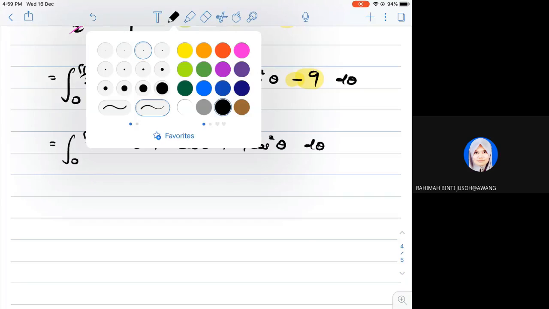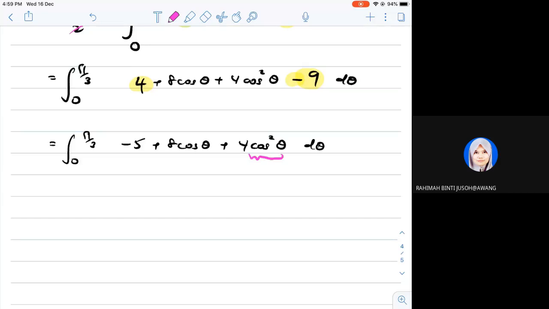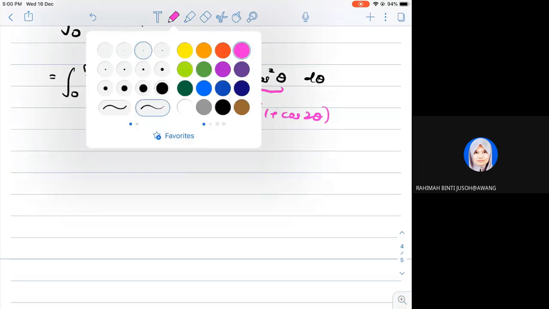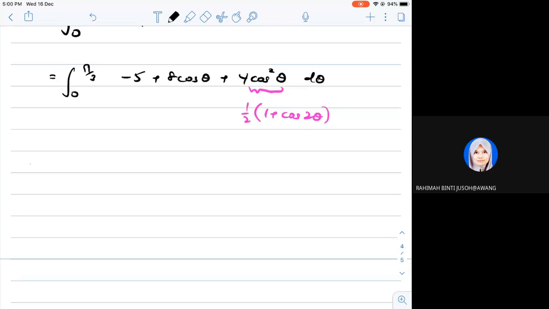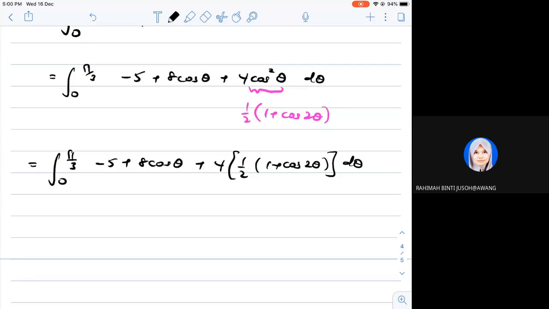Now cos squared theta is equivalent to 1 over 2, 1 plus cos 2 theta. So we have to substitute this inside the function. Then we will get negative 5, 4 times half, 1 plus cos 2 theta d theta.